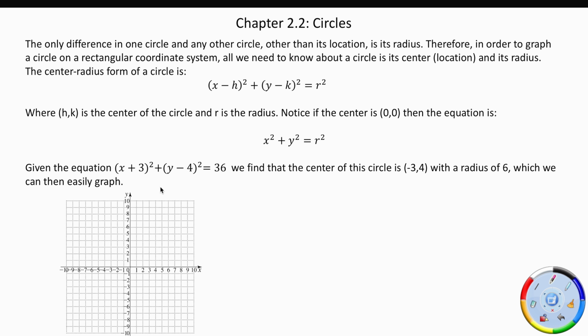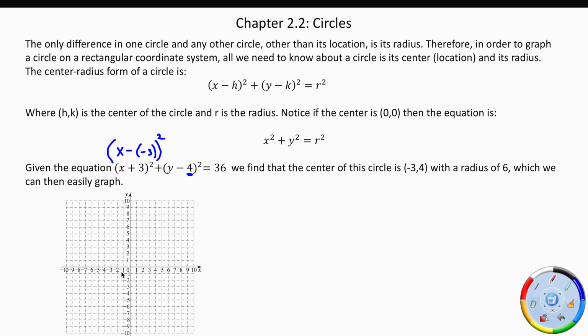If our equation has a plus, that must mean it was x minus -3, to put it in the exact format that I need for my center radius form, meaning h, or the x-coordinate of my center, is -3. This piece already has the minus, so 4 must be k.